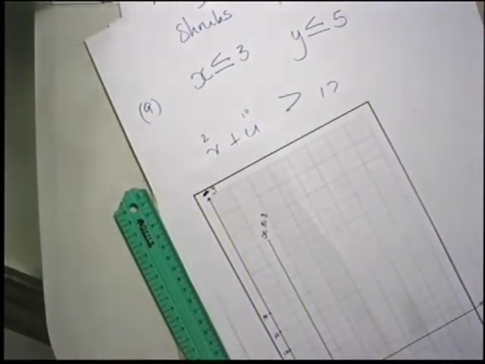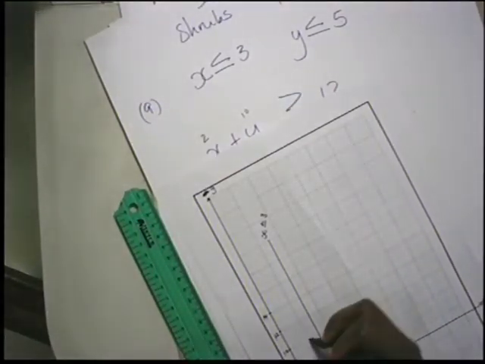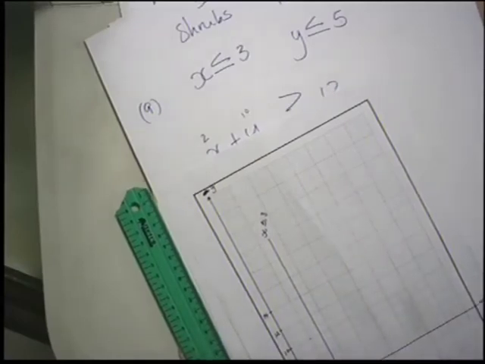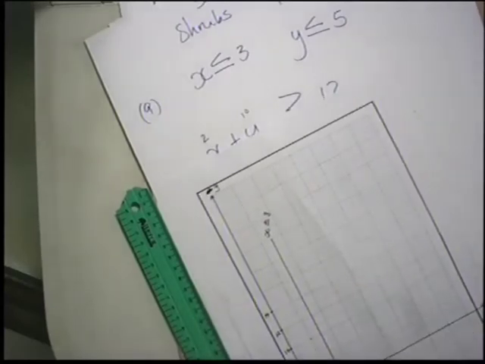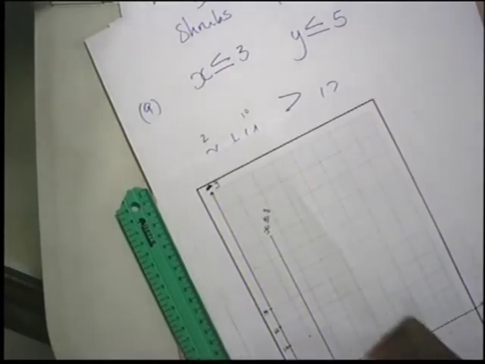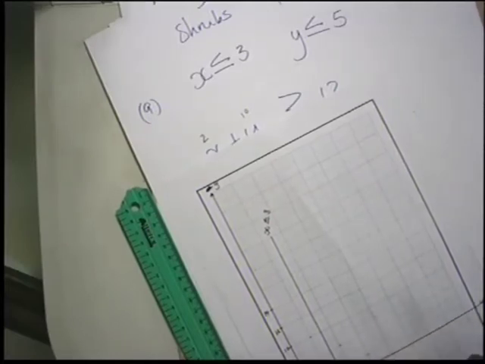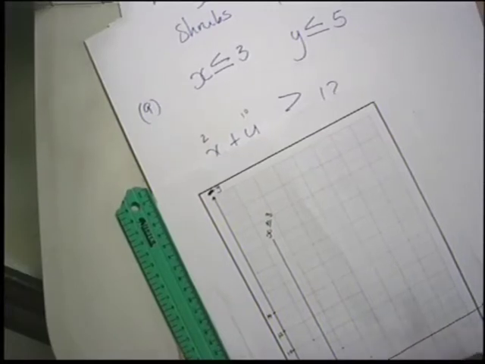So then when x is equal to 2, y is equal to 10. When x is equal to 0, of course, y is equal to 12. 0 plus 12 is 12. 2 plus 10 is 12. 4 plus 8 is 12. 6 plus 6 is 12. 8 plus 4 is 12. 10 plus 2 is 12.